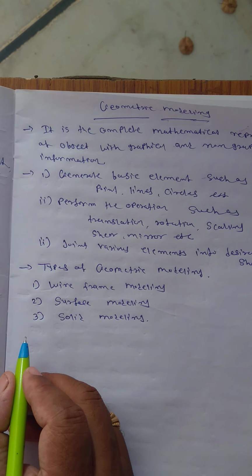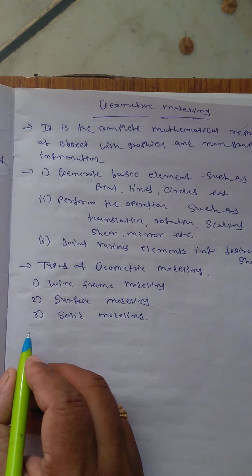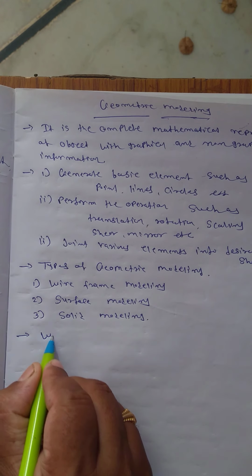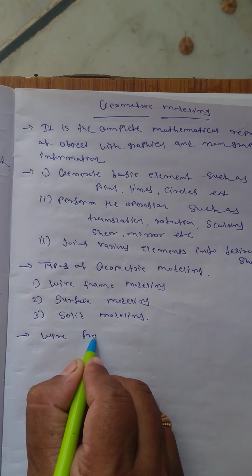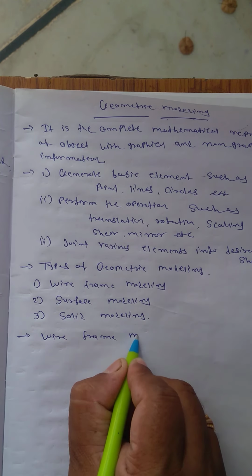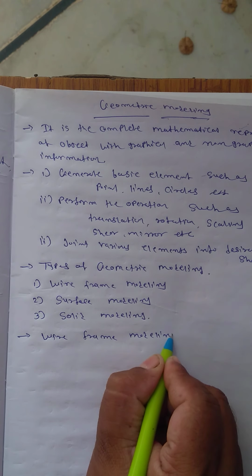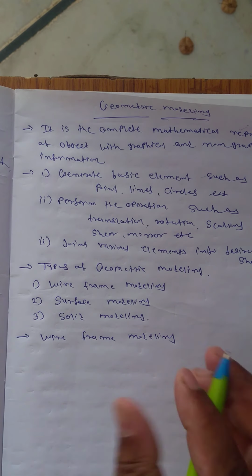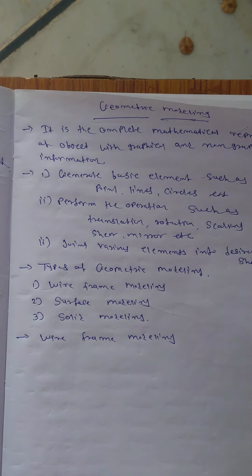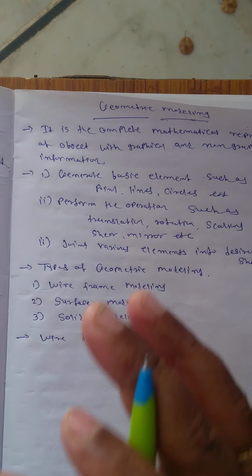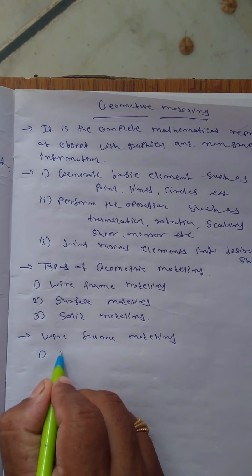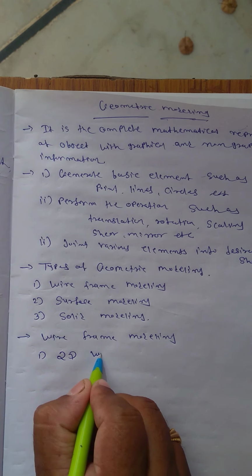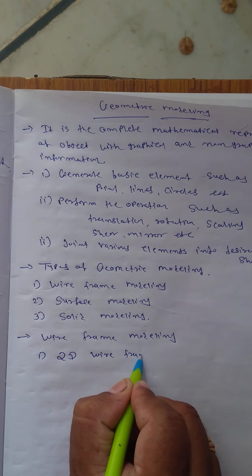Okay, then I will start with wireframe modeling. First of all, the definition: when a model is created by a wireframe structure, it is called wireframe modeling. There are various types. First is 2D wireframe modeling.